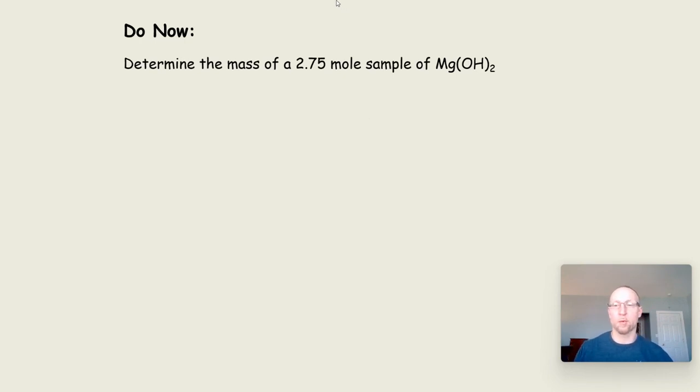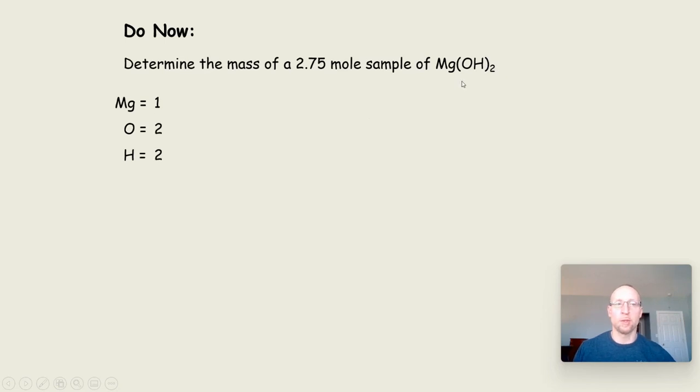So remember, the first thing we always want to do with these mole-gram conversions is determine how much one mole weighs, right? So list our elements, Mg, O, H, count them up, 1 Mg. Now these parentheses, don't forget, this little 2 out here applies to everything inside the parentheses, and parentheses always mean multiply.